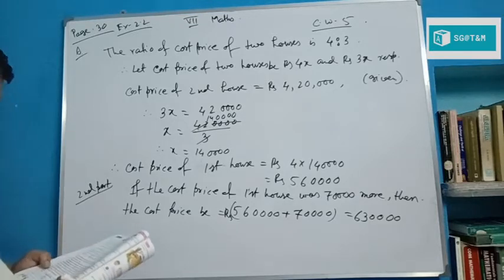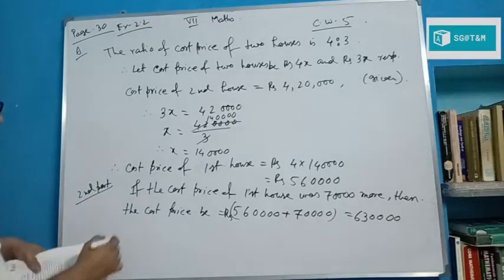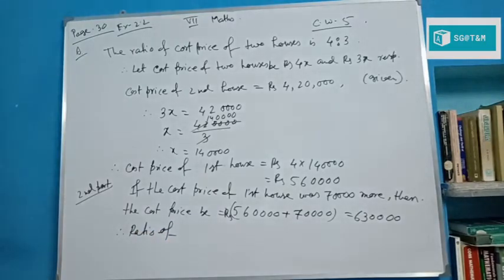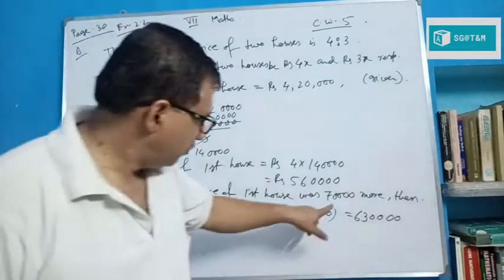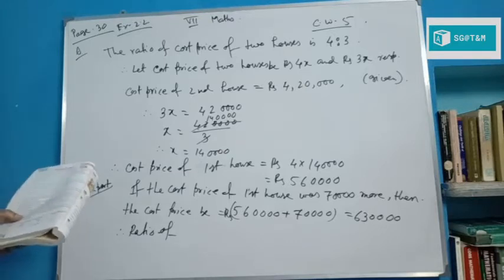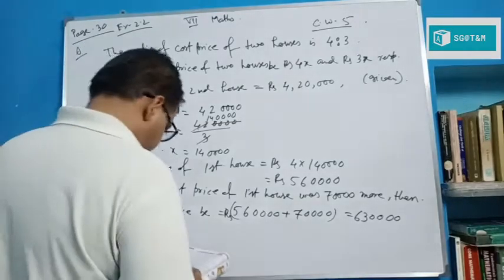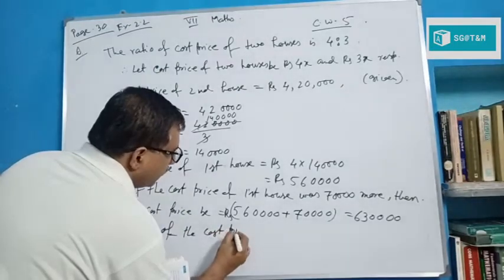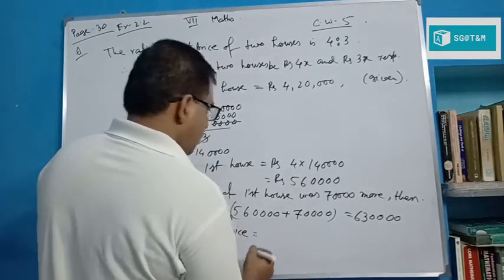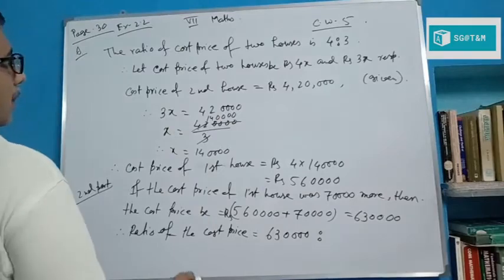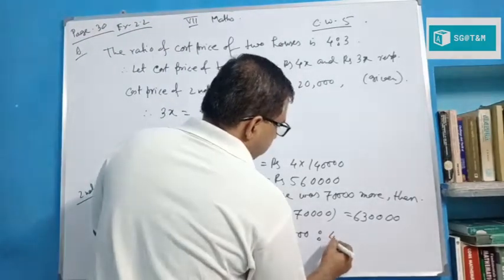Then we have to find out the ratio of the cost. Therefore, the ratio of the cost price of the first house, 6,30,000, to the cost price of the second house, 4,20,000.